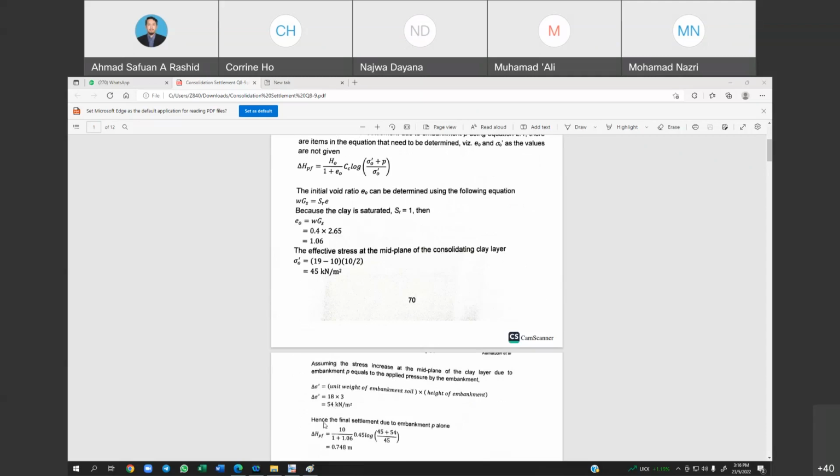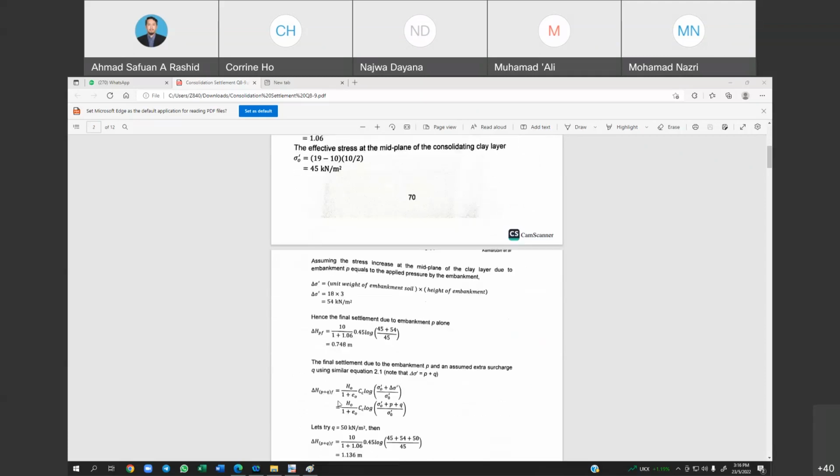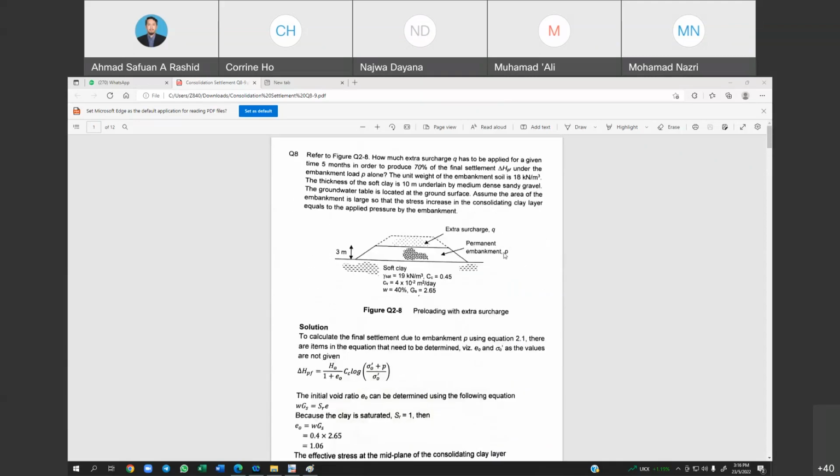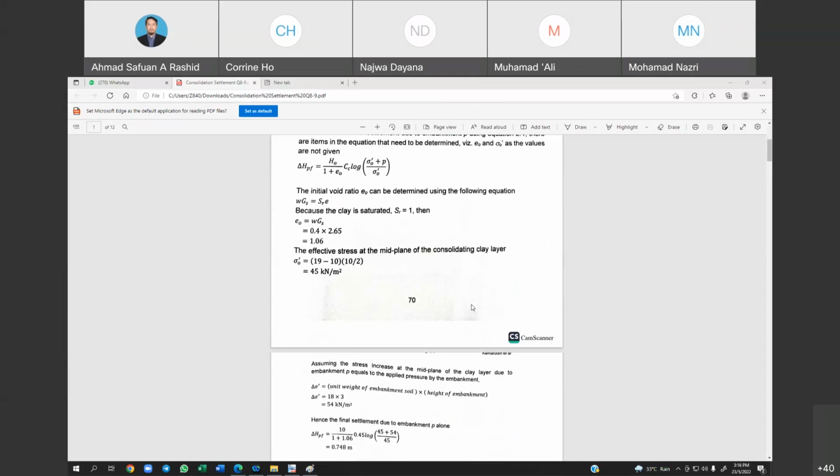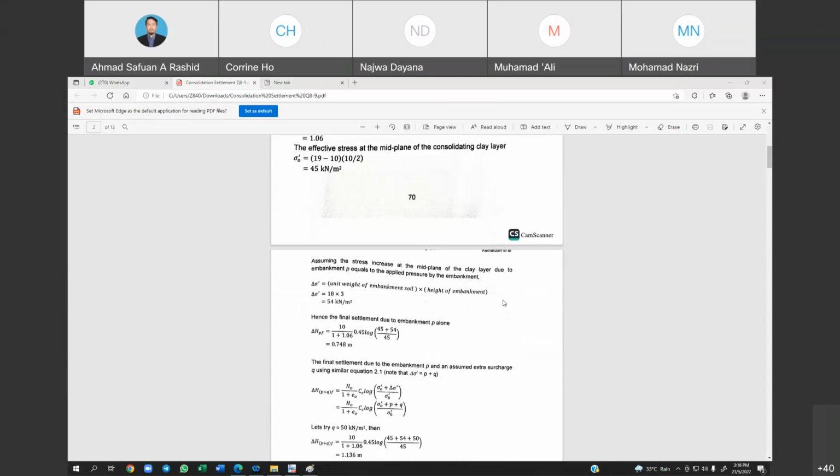Hence the final settlement due to embankment P alone is equal to 0.748, from the permanent embankment P. Then the final settlement due to the embankment P and the assumed extra surcharge Q uses a similar equation 2.1. Note that delta sigma equals P plus Q.